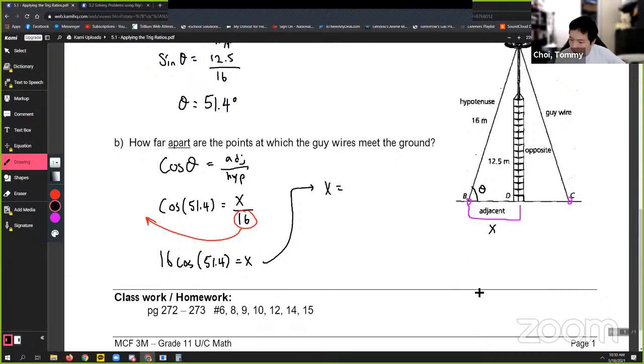All right. On the count of 3, type it in chat. 1, 2, 3. Okay.